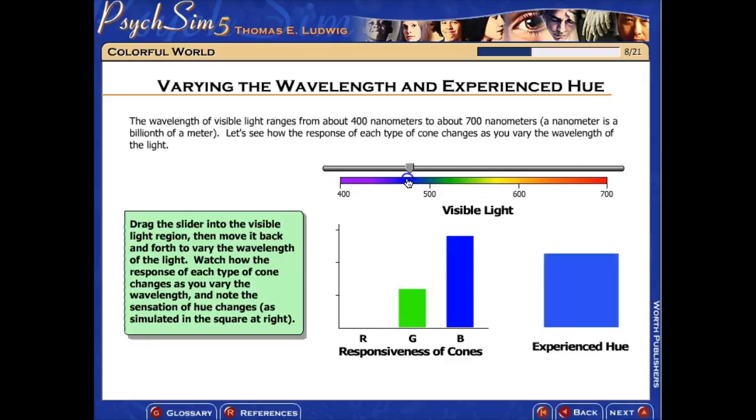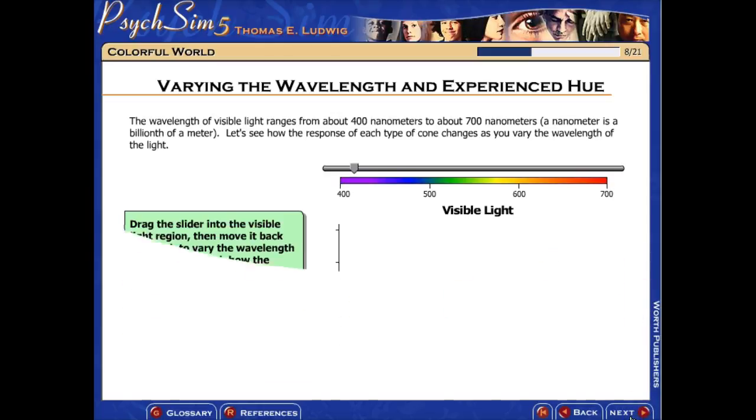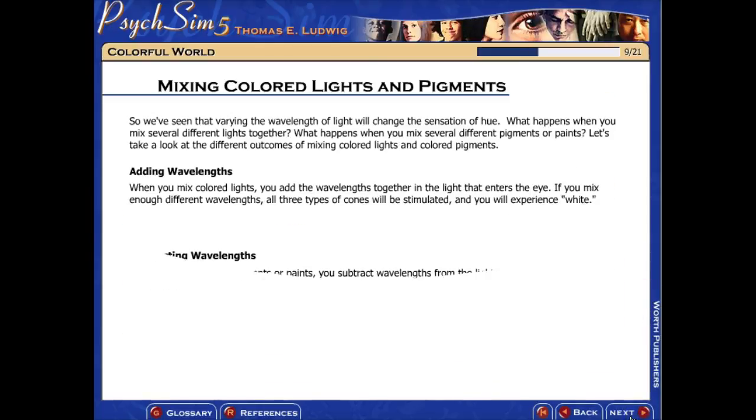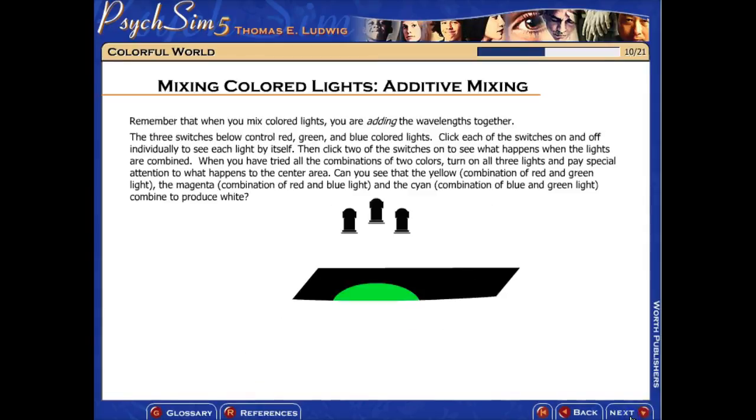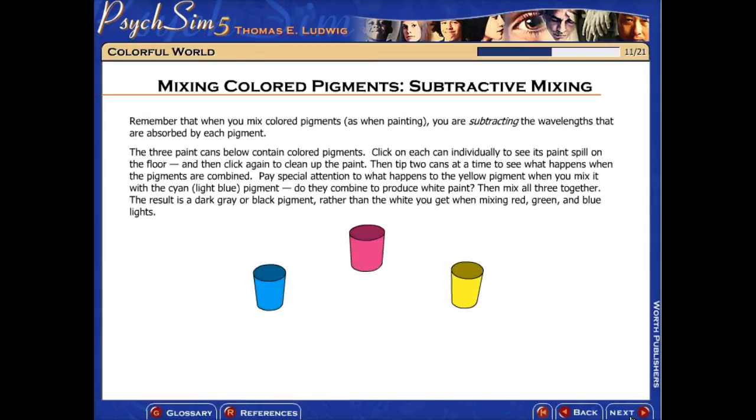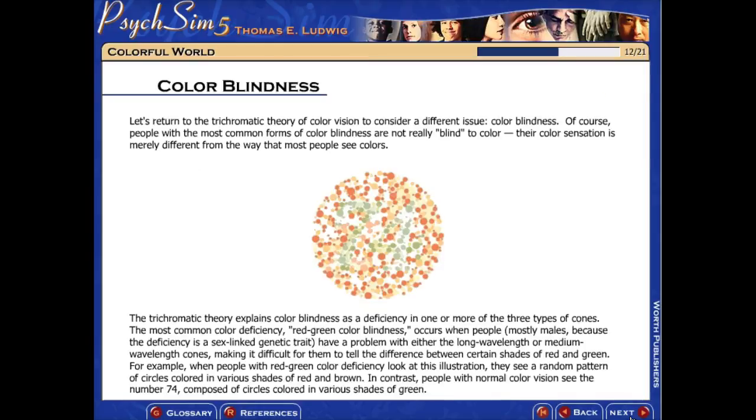What about a purple? Obviously we would have more blue than red, but it gives you an idea of how many cones are actually responding. So that's the trichromatic color theory, and there's a lot of stuff in here about mixing colors, mixing cones to get different colors.